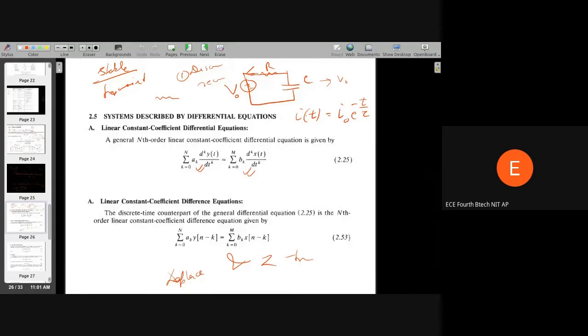So linear constant coefficient differential and difference equations are an imperative part of any natural system, and even whatever systems we implement and design. Sometimes, or in many cases, we design the system in the frequency domain because it makes our life easier.